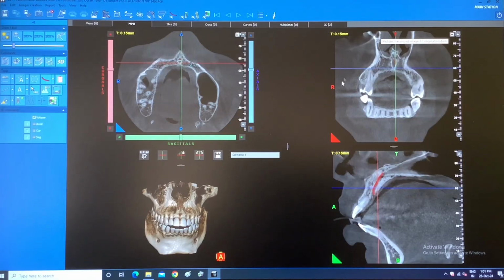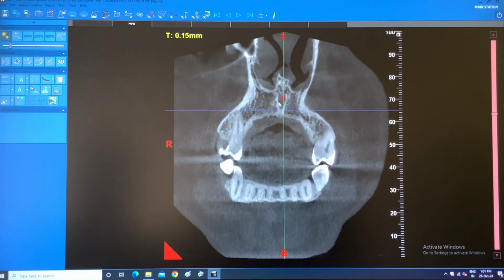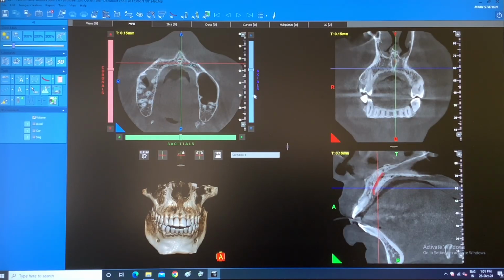Usually in IOPA radiograph, the incisive canal is seen as a heart-shaped radiolucency because of the projection of the anterior nasal spine, which is seen here at the floor of the nasal cavity on the superior aspect of the incisive canal.